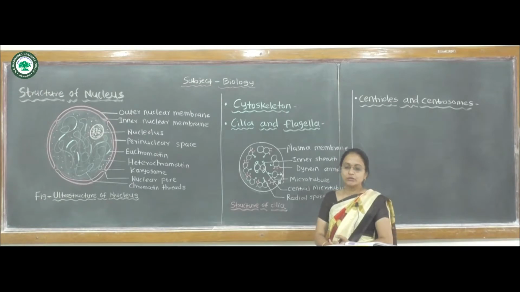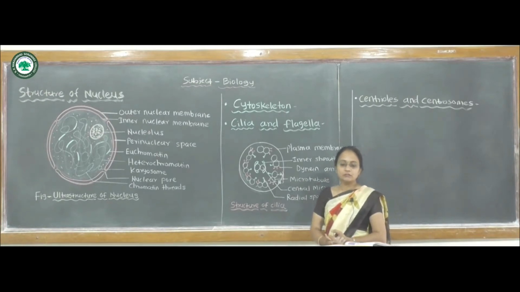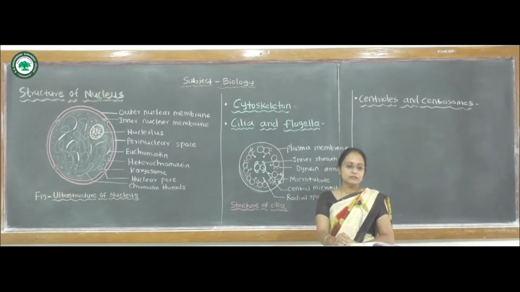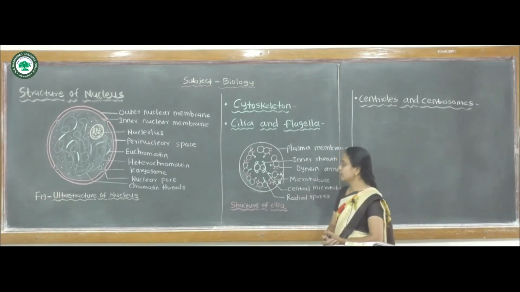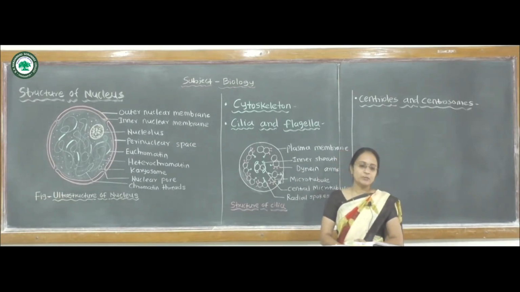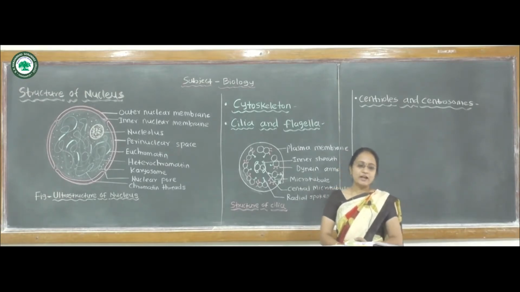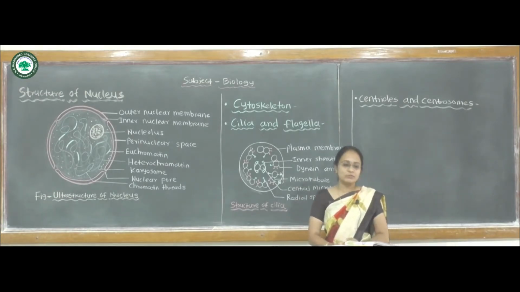It consists of two parts, the sheath and the axoneme. The sheath is the outermost covering of the cilia as well as the flagella. The core is known as the axoneme, and it possesses 11 fibrils, that is the 9+2 arrangement of fibrils.